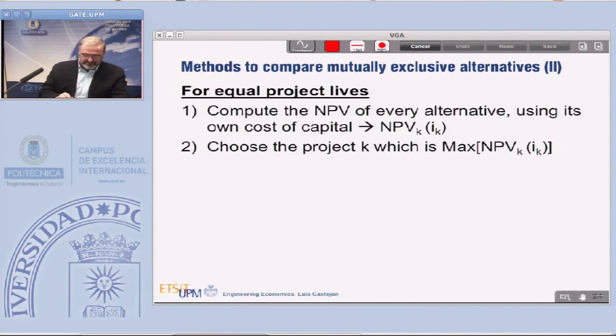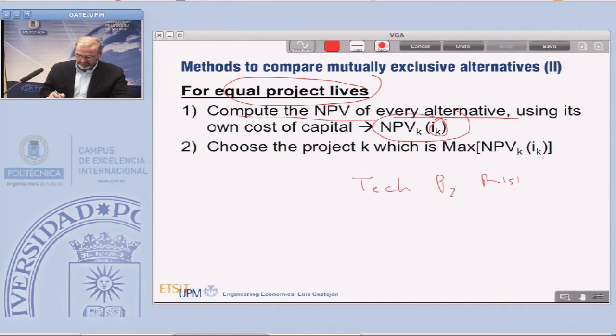For equal project lives, compute the net present value of every alternative using its own cost of capital. It's important that every project has its own cost of capital. Why? Because, for example, the technology of project 2 is riskier than the technology used in project 1.